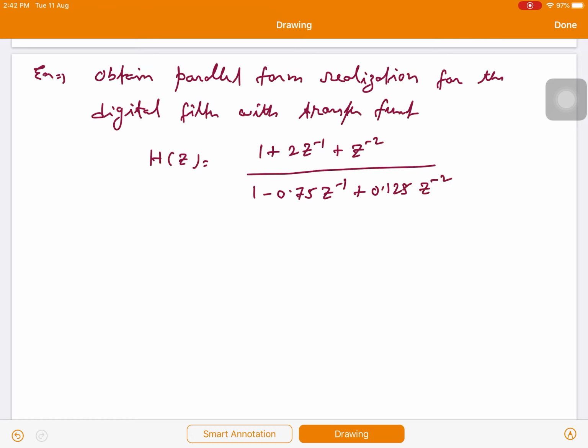So this question is given. Now we have to apply the parallel form realization for this given transfer function.